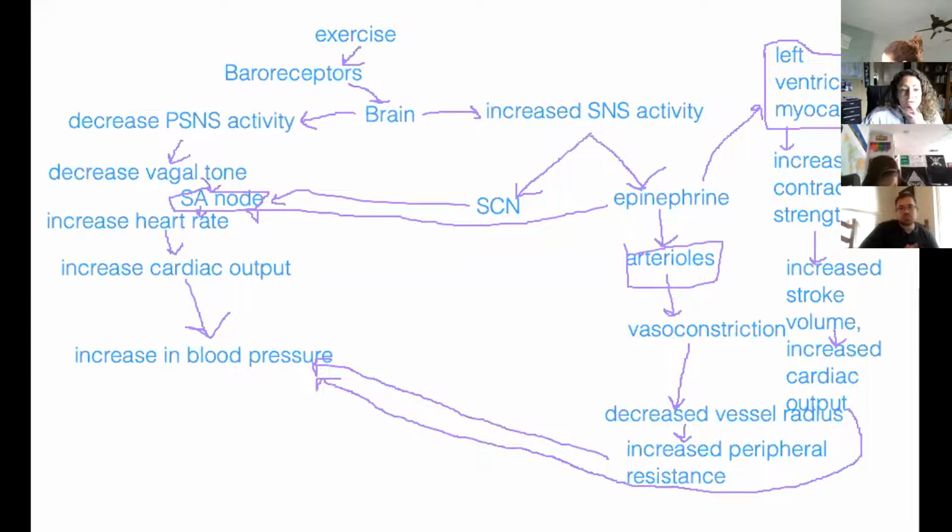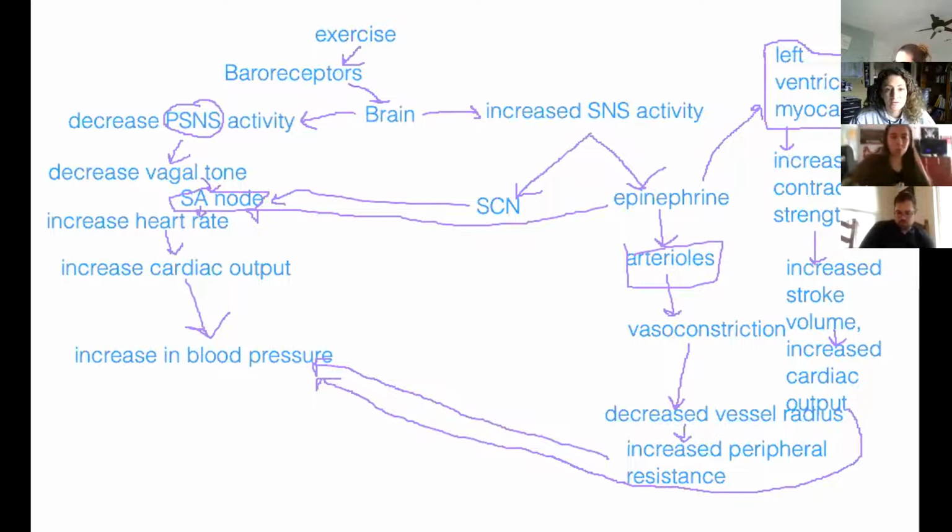So you guys understand how to use this. I could ask you to explain the parasympathetic nervous system's involvement in increases in blood pressure. Parasympathetic, so this needs to be fixed, but that's okay. I could ask you to explain how epinephrine is involved in increasing blood pressure during exercise. Or I could ask you about the sympathetic nervous system in general, and you'd have to include the sympathetic cardiac nerve.